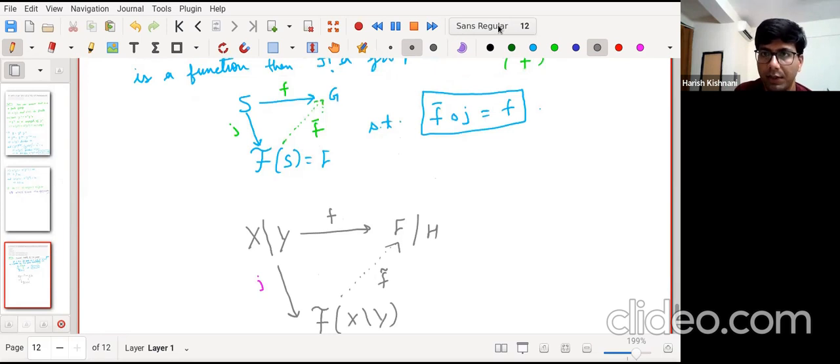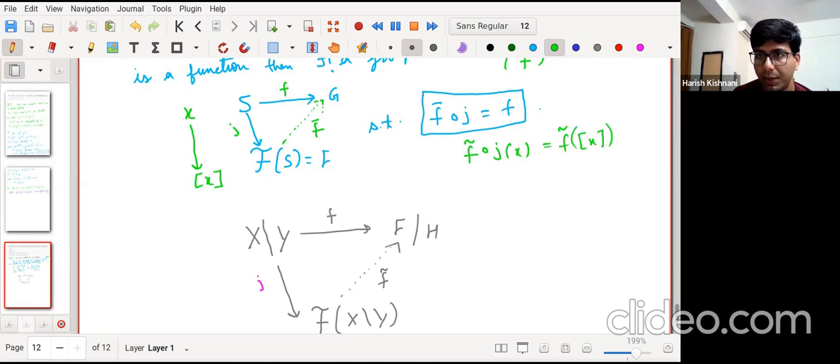Okay, so what F can you define? First of all, let's see what happens here. An element small x is mapped to the class of x in the free group, and thus you have f o j of any x is f of the class of x, and that is, by the above relation, f of x.